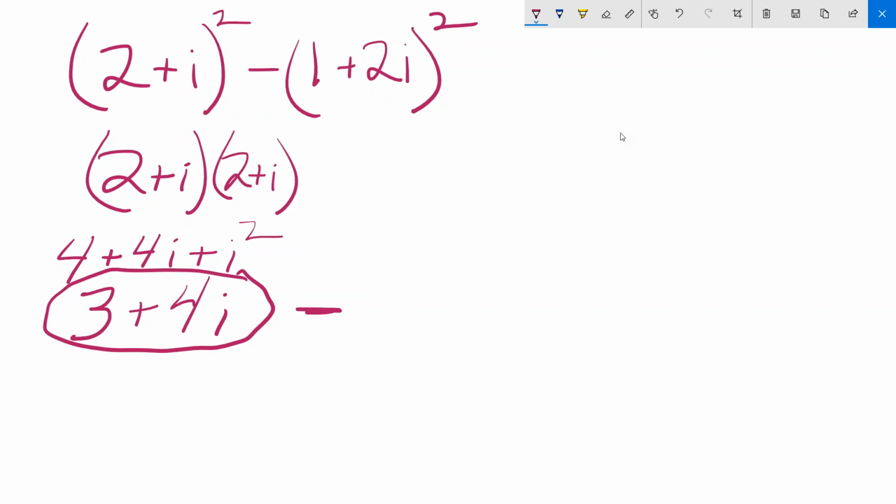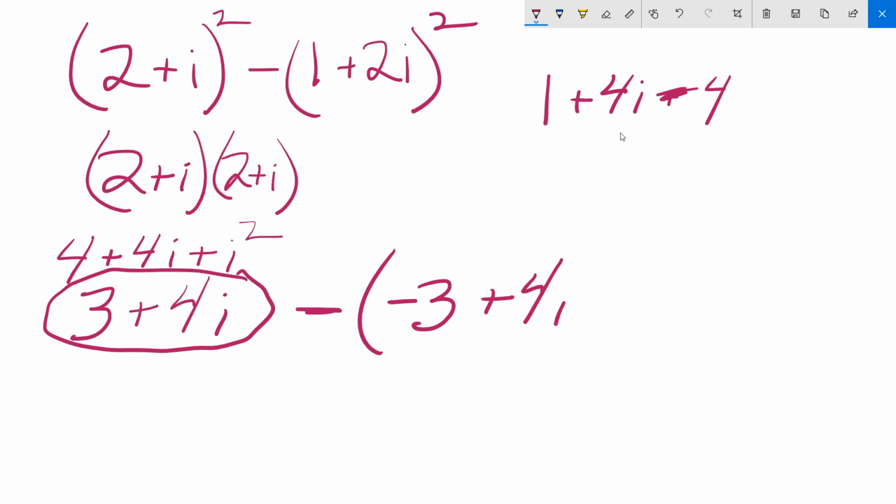It would be 1 plus 2i plus 2i minus 4. Very good. That's fine. Because that turns into 4i squared, which turns into minus 4. Combine that. So it would be -3 plus 4i. So that's what the problem has turned into.